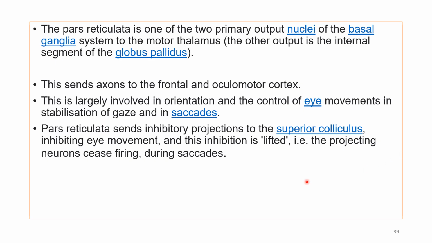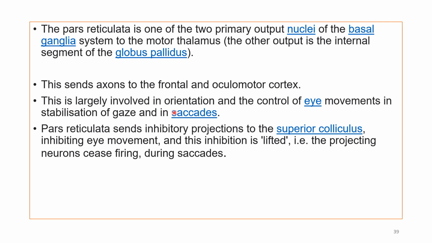Then the pars reticulata is one of the two primary output nuclei of the basal ganglia system to the motor thalamus. The other output is the internal segment of the globus pallidus. So globus pallidus internus and reticulata work together, and they are the primary output to the thalamus. This sends axons to the frontal cortex and oculomotor cortex also.